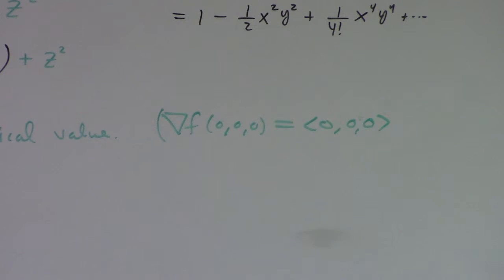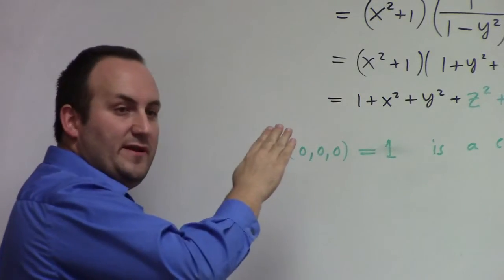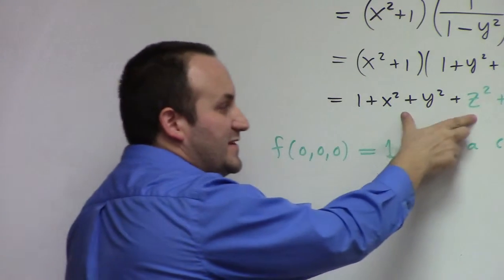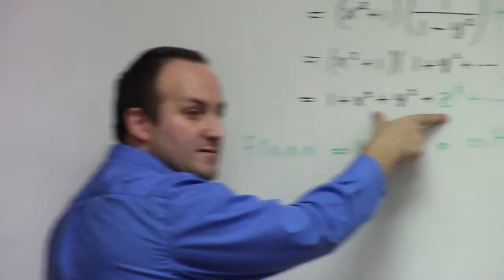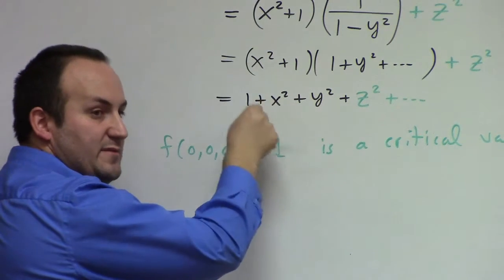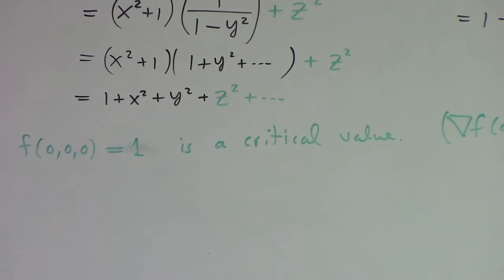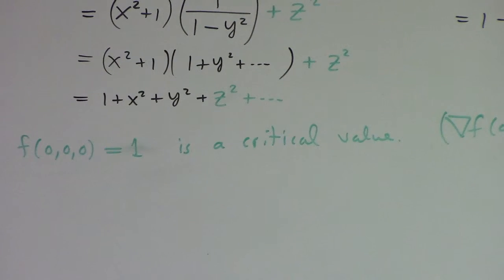Is it a min or a max? It's a min. That's right, because if you go a little bit away from the point, you're taking 1 plus something positive, which is clearly larger than 1. So 1 is a minimum value. I don't need some fancy linear algebra to tell me that. I can just use common sense to look at that and say, duh, right?